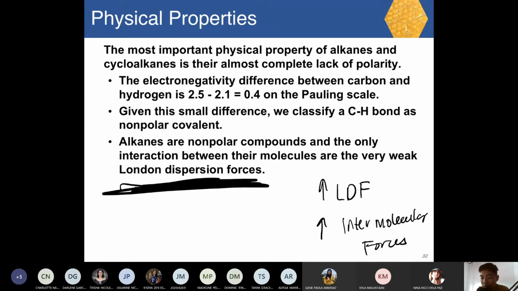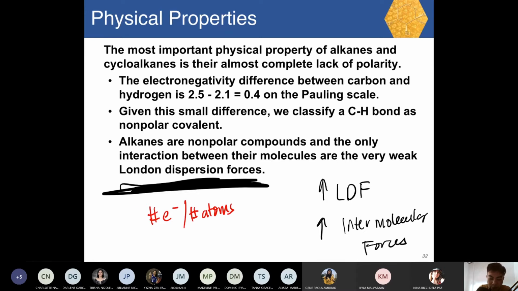No? Ibig sabihin yan, pag maraming London dispersion forces, the boiling point and the melting point will be high. No? So, yan. Ano pala yung concept ng London dispersion? When we say London dispersion forces, we are just pertaining to the number of electrons, or number of atoms.